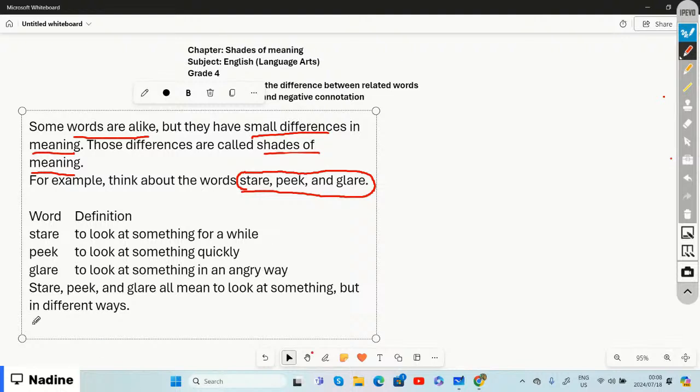So if we look at our word, our word is stare. And remember we said to keep in mind stare, peek, and glare, right? So our first word, stare, is to look at something for a while.